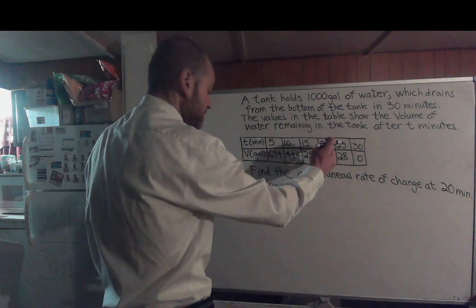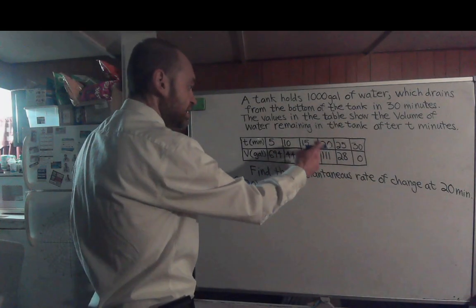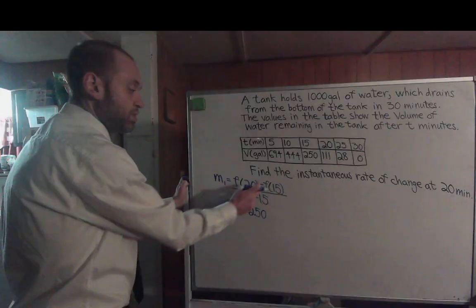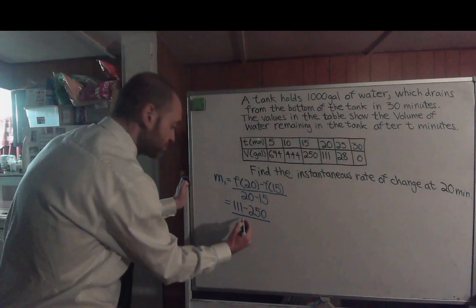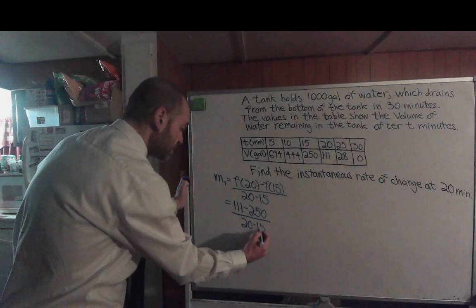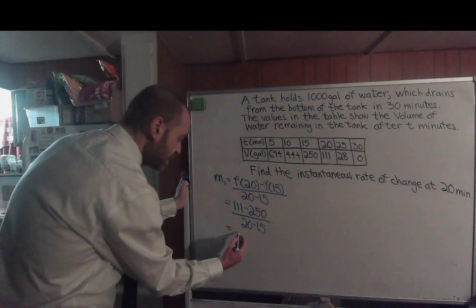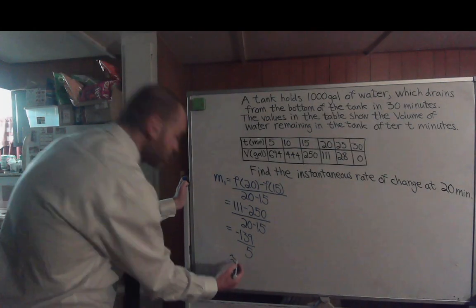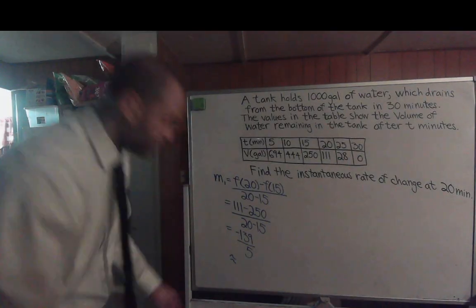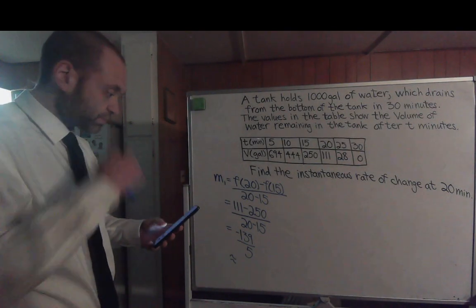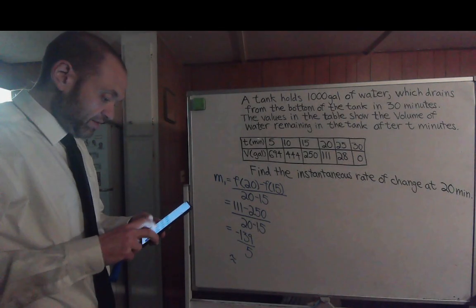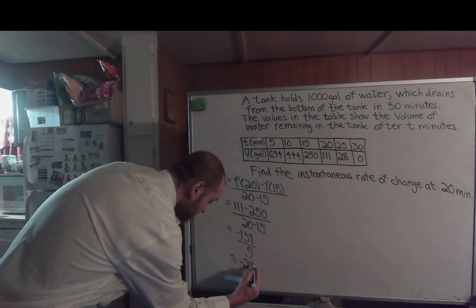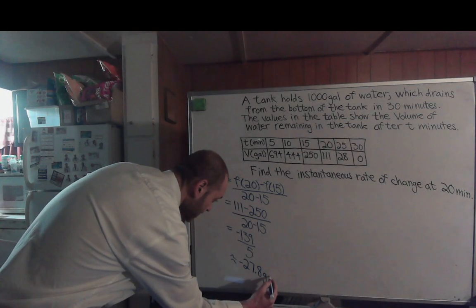Then at 15 minutes, I have 250 gallons in the tank. So 111 minus 250, the numerator turns into, divided by 20 minus 15. I end up getting negative 139 divided by 5, which is negative 27.8 gallons per minute.